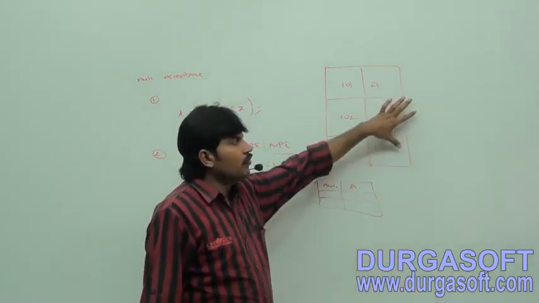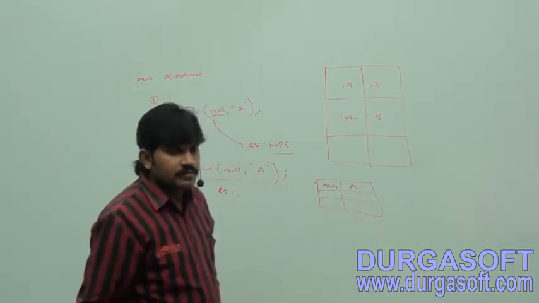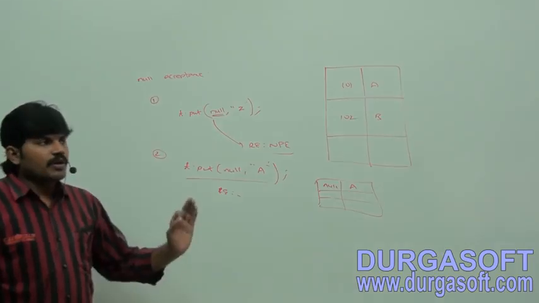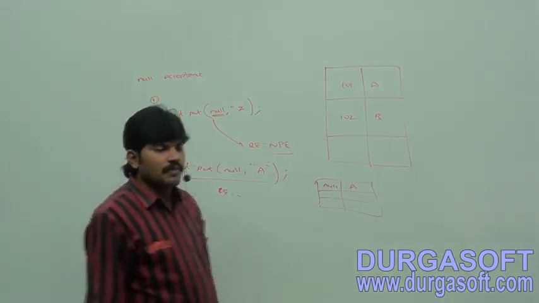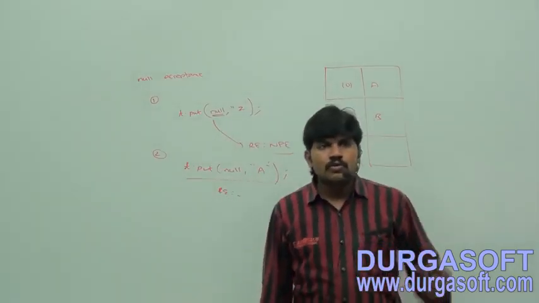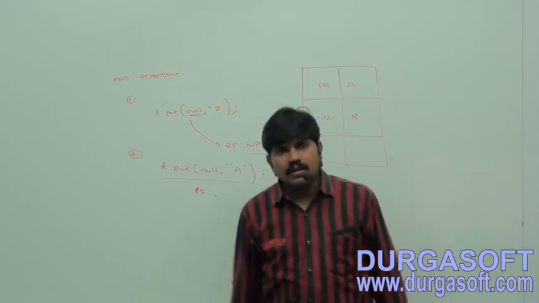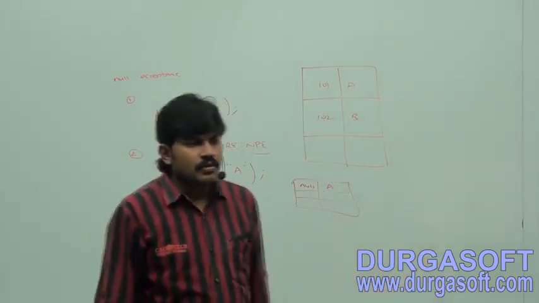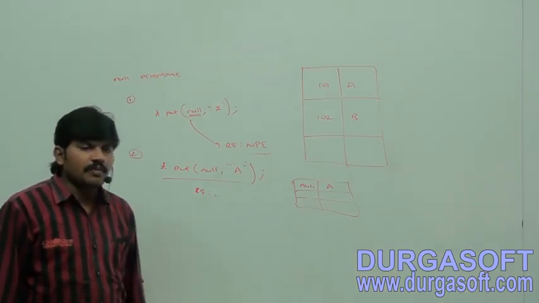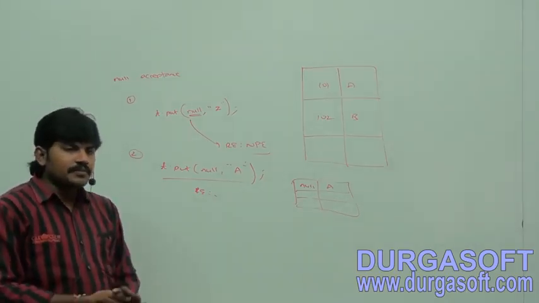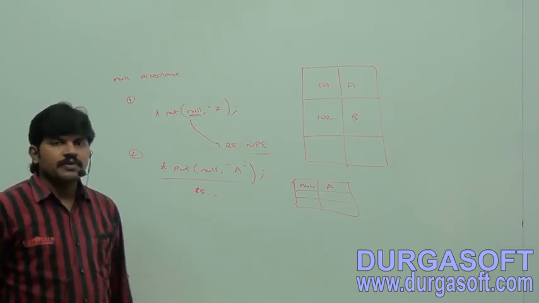For values, we can use null any number of times, no problem at all.